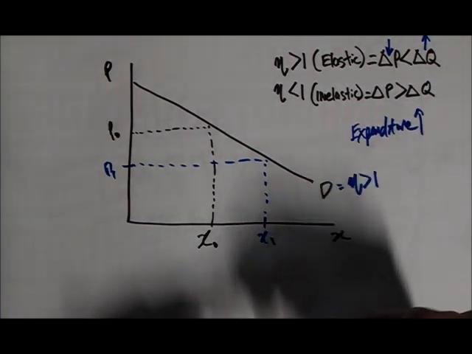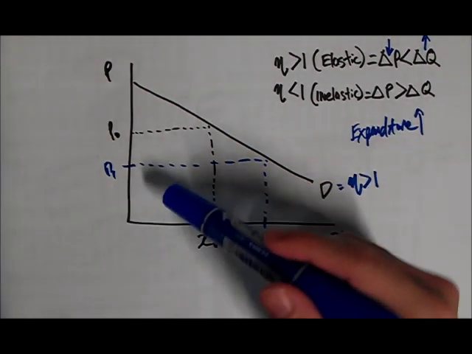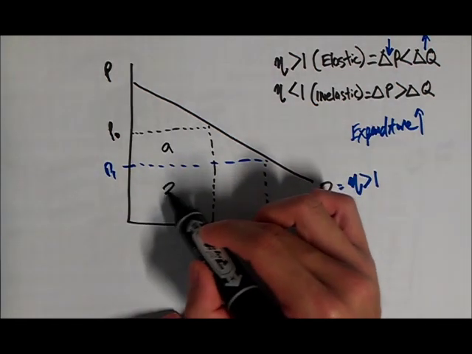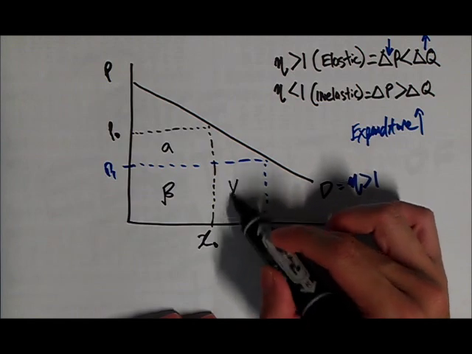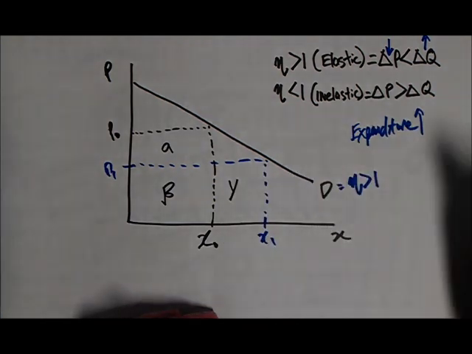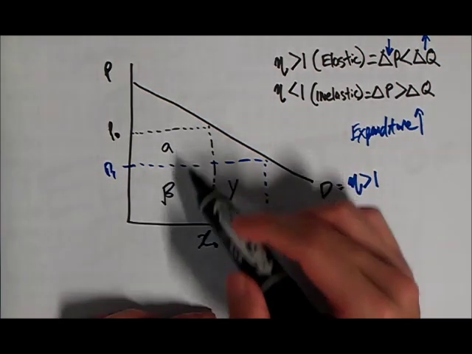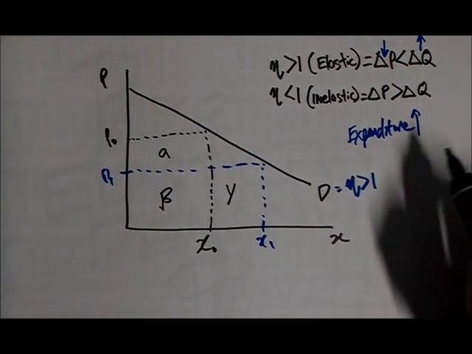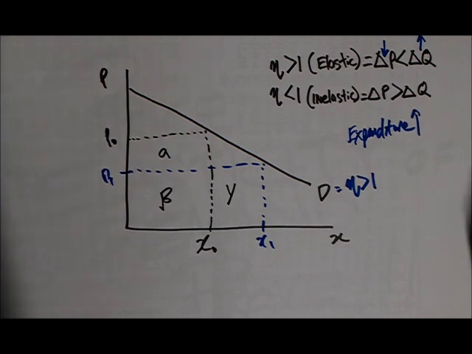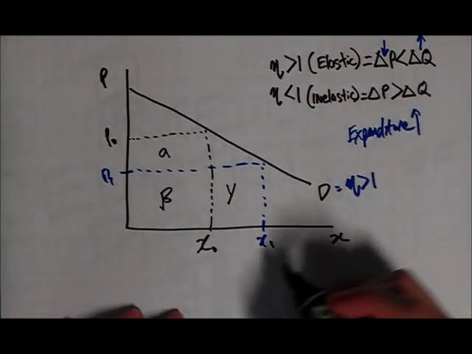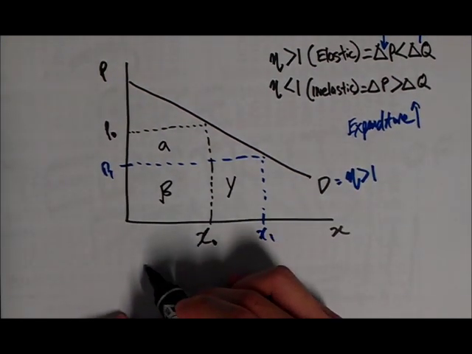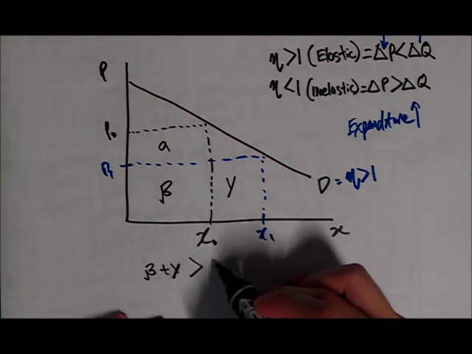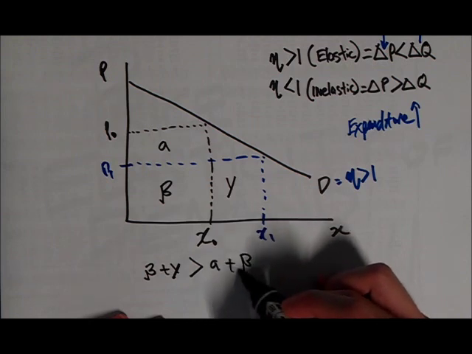But how do we know this? Looking back at the graph, let's just call these alpha, beta, and y. In army terms we call this alpha, bravo, and yankee. If there has been an increase in expenditure, basically what we are trying to say is that if you add up bravo and yankee together, this should be more than alpha plus bravo.